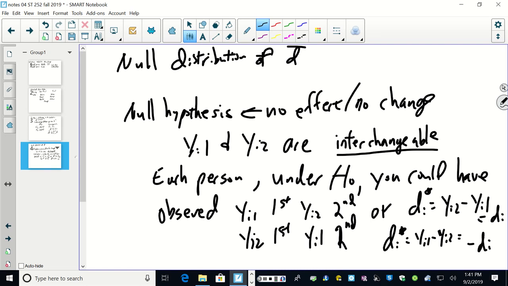So we could have just, by random chance, flipped an individual, and that could be true for every individual. So to simulate a new random sample under that, we're going to go through each person and just flip a coin. If it's heads, we're going to keep it like it is. If it's tails, we're going to flip it. And that accumulation over all subjects is going to give us a new random sample.